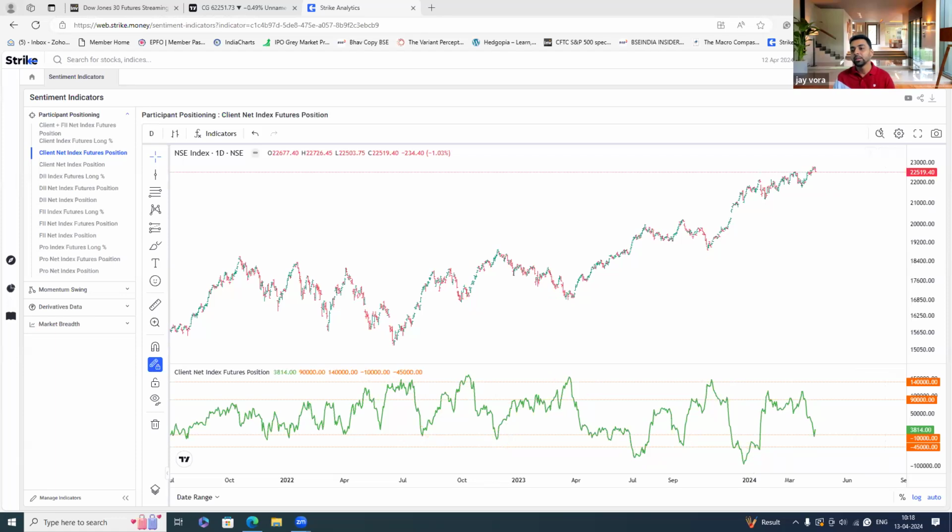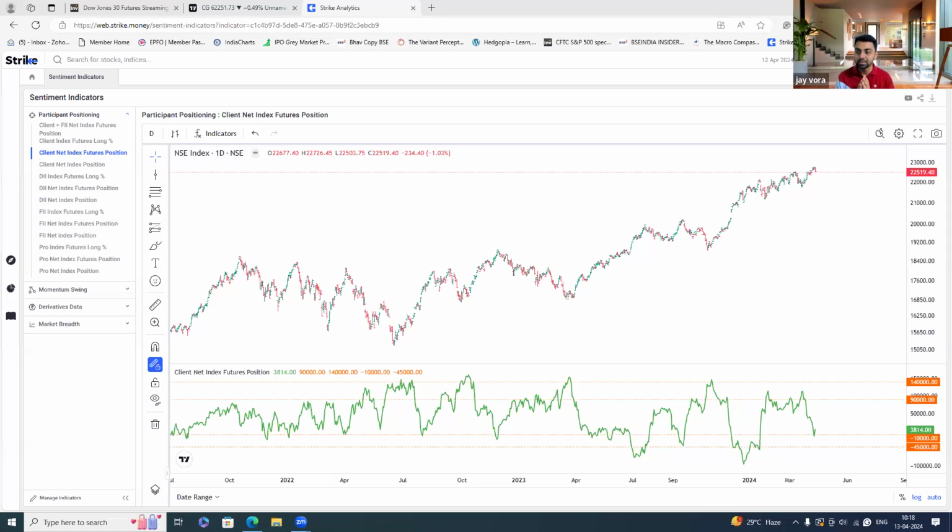Now, one thing that people have to keep in mind is that sentiment indicators will always give you a warning that we are reaching a critical level. You need to be careful based on the historical data that we have. Whenever sentiment reaches an extreme and it is an indication of a trend reversal, you need price action to confirm that.